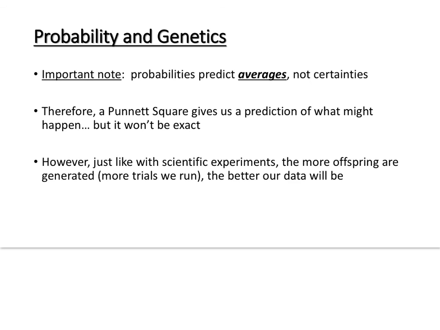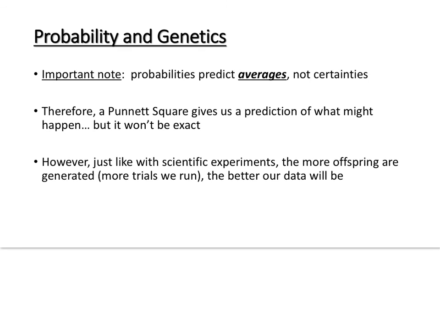So to wrap up, the last thing I want to point out and make sure you realize is that probabilities are predictions, and they're predictions of averages. They're not necessarily true outcomes, and they're not necessarily a certain prediction. So a Punnett square is a great way to predict what will happen, but it won't exactly tell us what will happen.